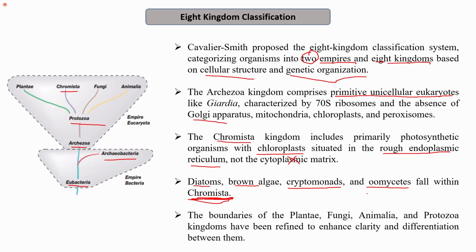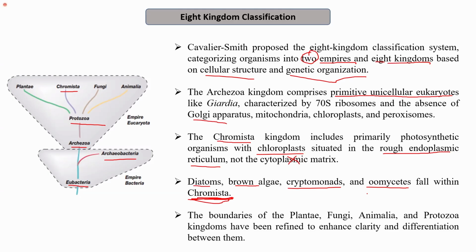So we cannot say that this is the best classification system, but still, for now, it is. But maybe in future, we might have a much better classification system that classifies the organisms into many more different kingdoms based on their genetic composition, cellular structure, or many different characteristics.